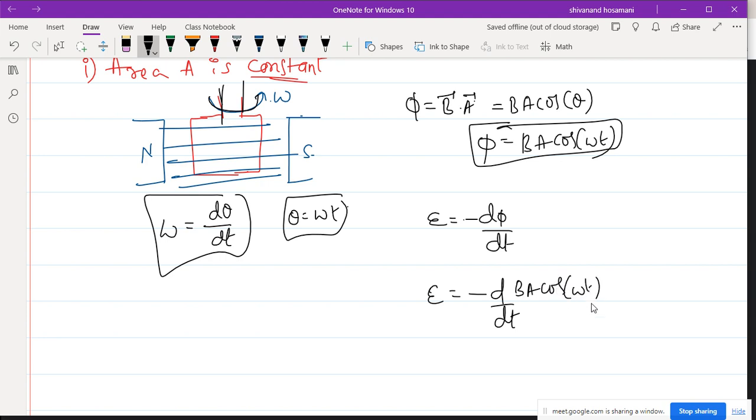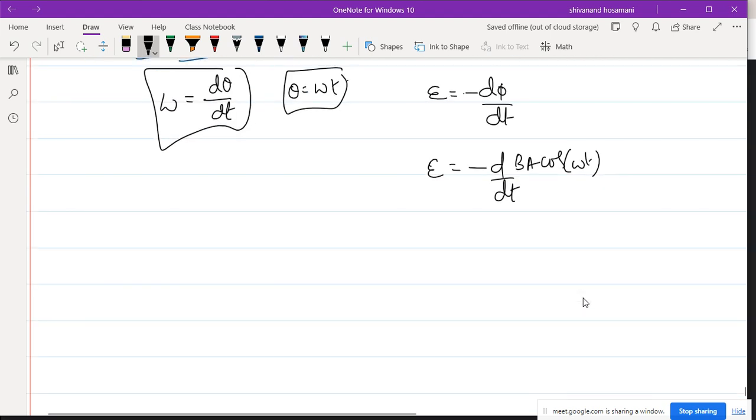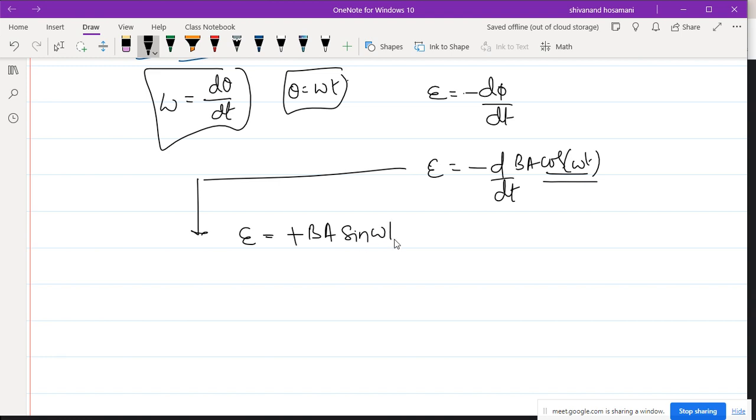Taking B and A as constants, differentiating cos omega t gives plus sin omega t into omega. So EMF is equal to omega B A sin omega t.